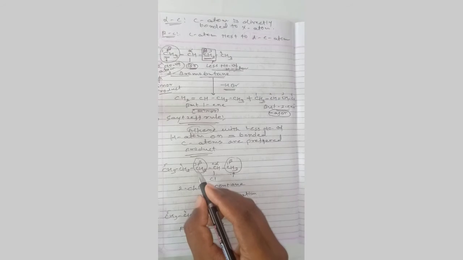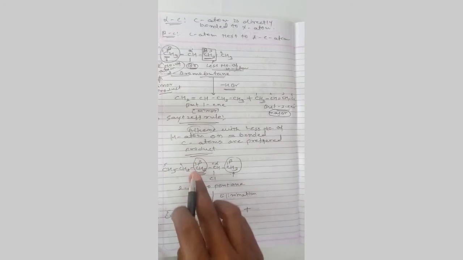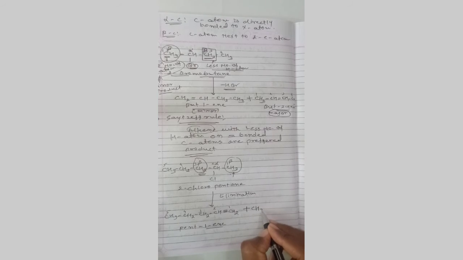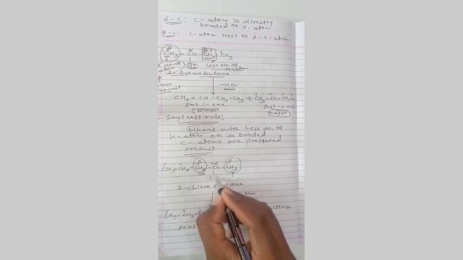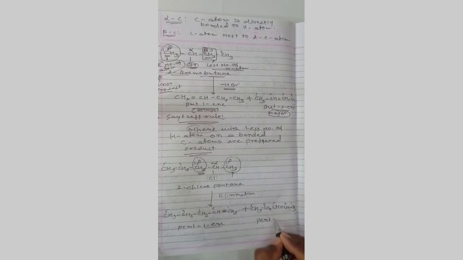Now let's eliminate a hydrogen atom from the third beta carbon. The product formed is CH3CH2CH=CHCH3, with the Cl eliminated, 1 2 3 4 5, pent-2-ene.